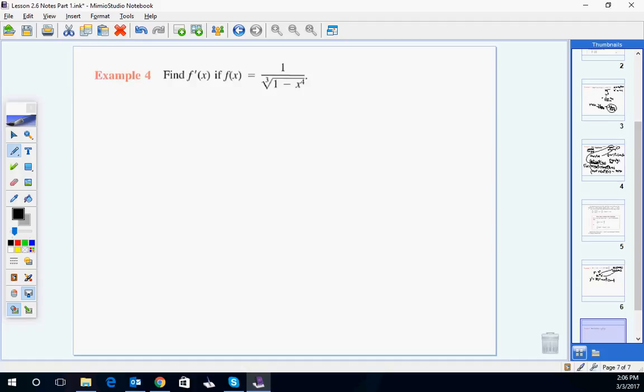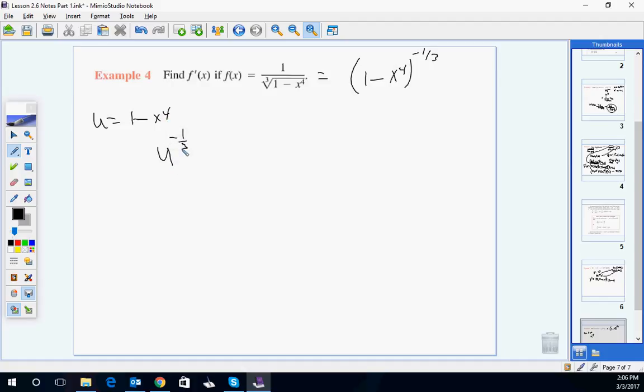So I would write this, if it's me, like that. Now my u is 1 minus x to the 4th. I'll do the u's just for practice. So essentially I'm going to have u to the negative 1/3.